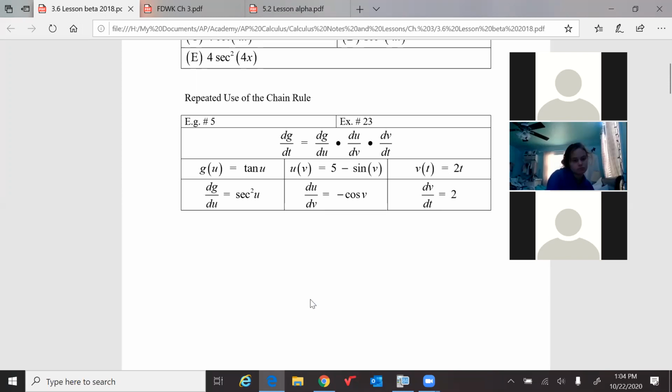Here's the argument right up here, 5 take away sine 2t, right? Times that cosine. You factor that to -2. So that's up there. That's your model.